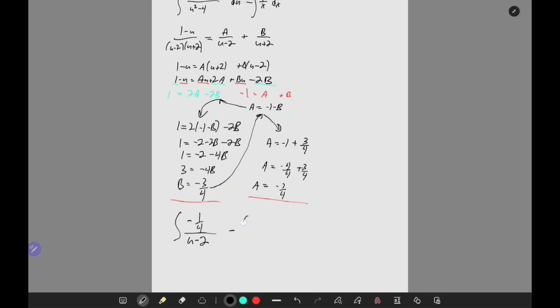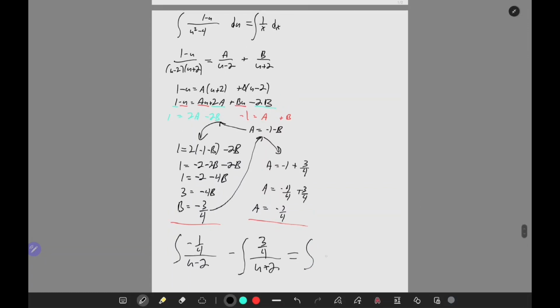Let me separate these integrals. I'm going to pull the minus sign out from the 3/4, and we're going to have minus the integral of 3/4 over u plus 2. I'm going to set this equal to the integral of 1 over x dx.